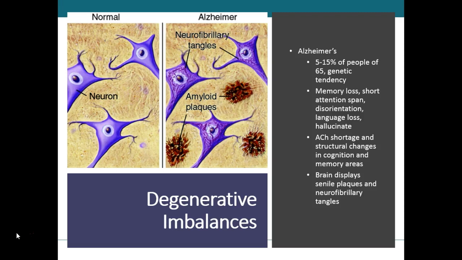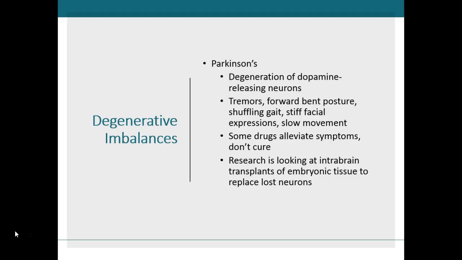Also, you see a deterioration in the hippocampus, which forms memories, and an accumulation of plaques and tangles. The plaques are clusters of abnormal proteins that build up outside of the neurons, and the tangles are abnormal bundles of filaments inside the neurons. So all of these plaques and tangles interfere with normal transmission of nerve impulses.